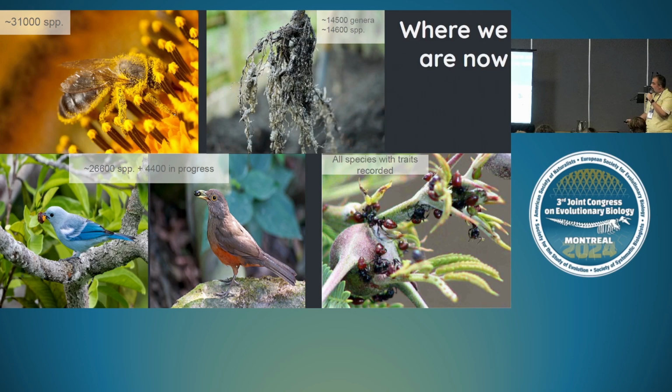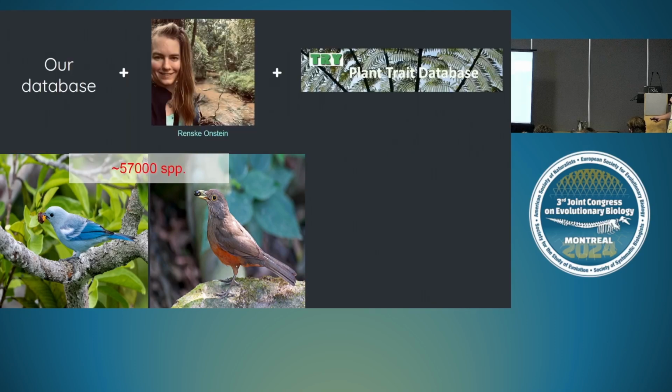But not only that, these numbers are already amazing, and it will be hard to deal with. But we have an ongoing collaboration with Dr. Rensky-Onstein from Naturalis. And in addition to that, also the TRI database, for which if we combine the three sources of information, we might reach 57,000 species with seed dispersal information. So it's a lot.